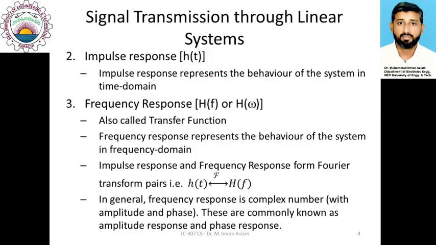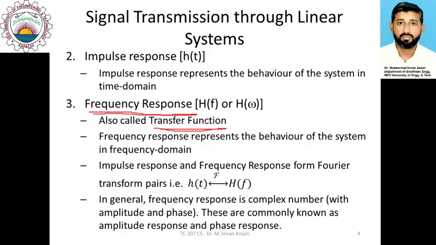Frequency domain representation means how a signal would be affected by the system when the signal is represented in the frequency domain, so it represents the frequency dependent properties of the system. We generally call that frequency domain representation the frequency response, or sometimes some authors prefer to call it the transfer function.